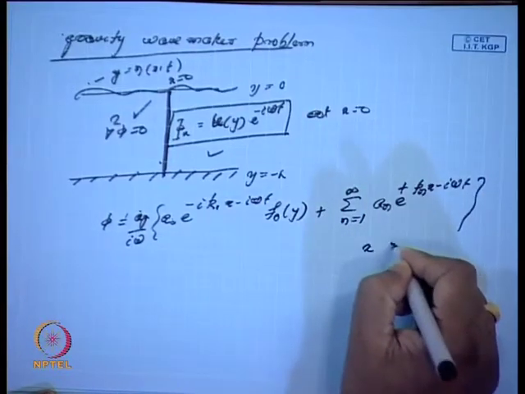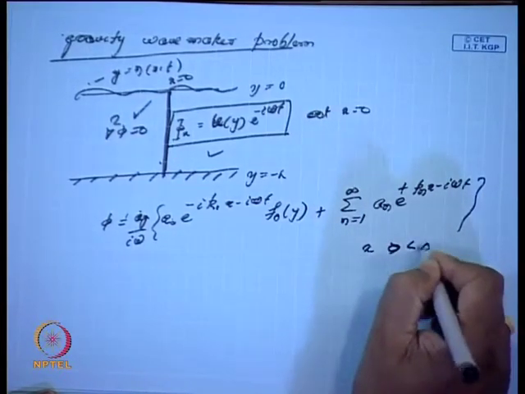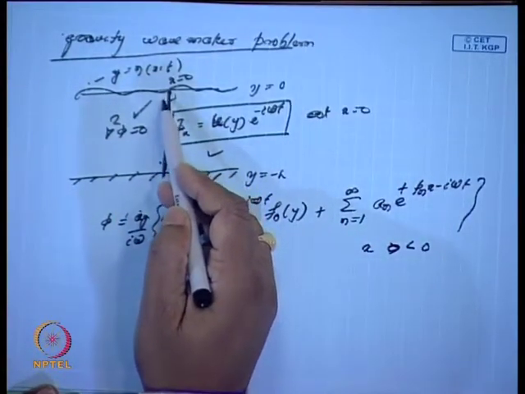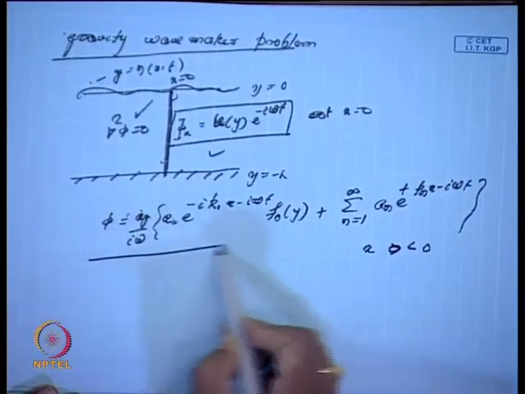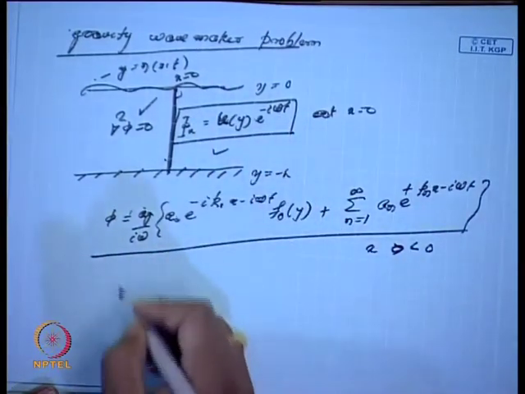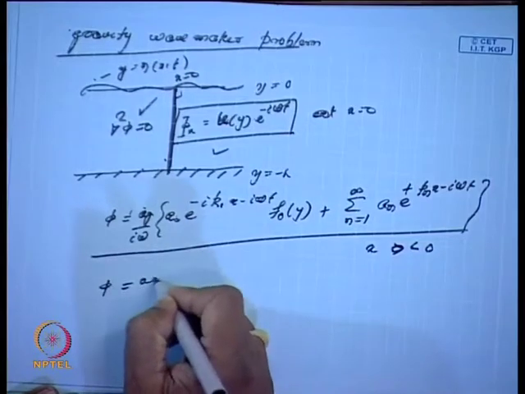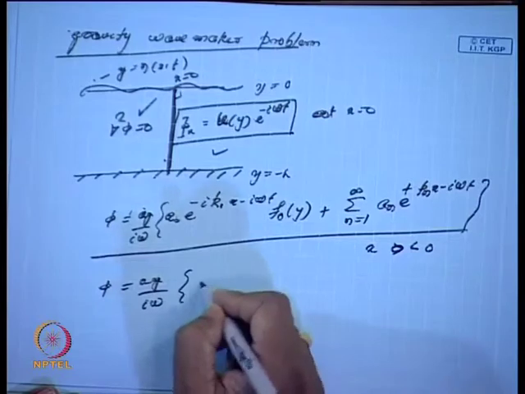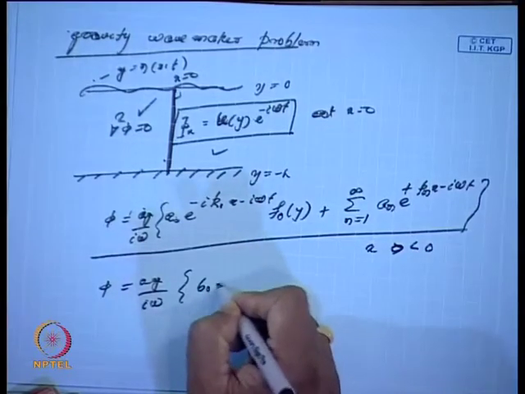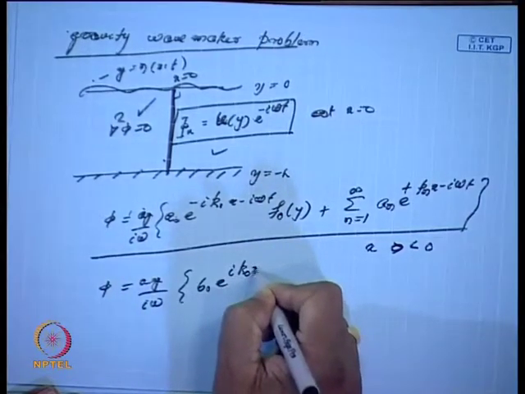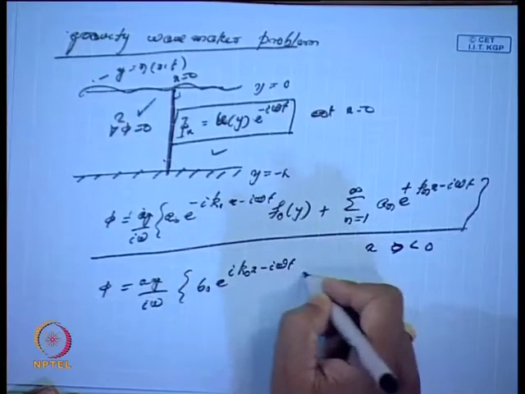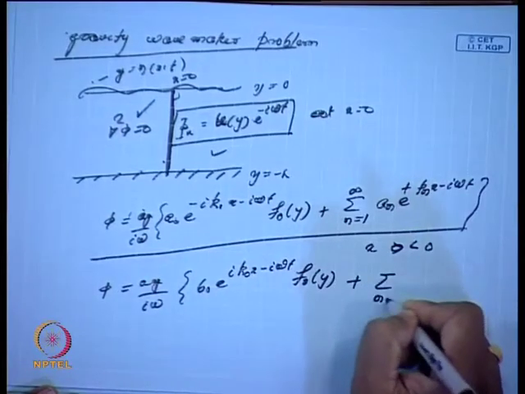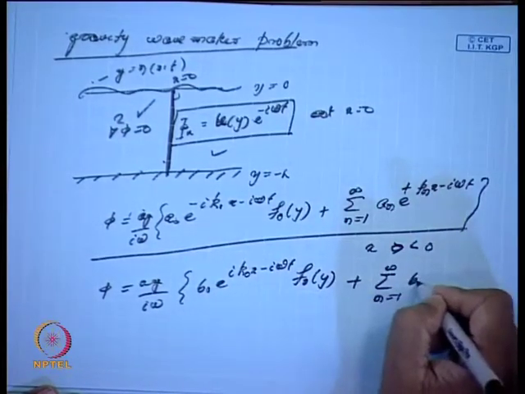This is for x less than 0, and if I look at what happened on the right side, if the fluid is on this side, this will be the form of phi, and if the fluid occupies the other side, then phi will be of this form, A g by i omega, this will be some B naught e to the power i k naught x minus i omega t f naught y plus sigma some B n.